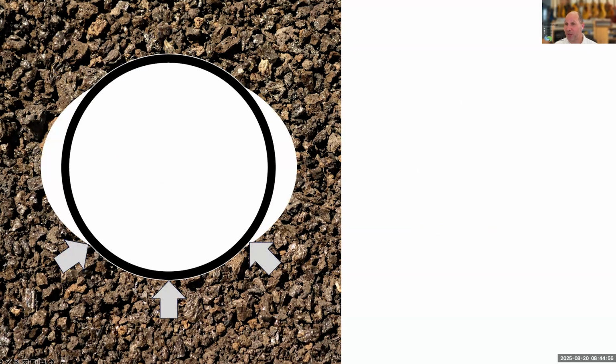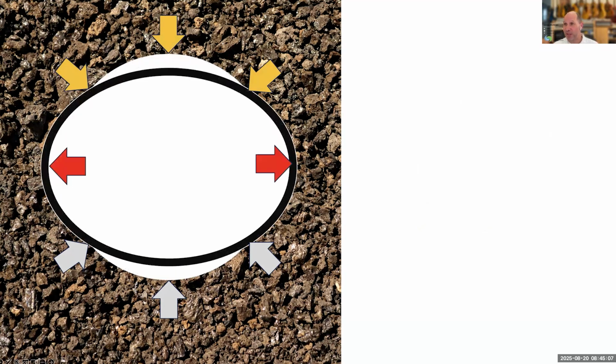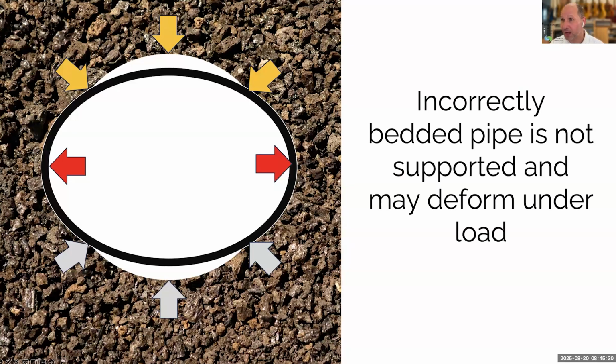If, for example, we were sloppy and we didn't compact around the sides and there were voids there, when you got those surface forces, the pipe's going to move into the open space, or to where that soil isn't compacted, and it might deform under load, which is potentially going to result in the pipe breaking, but at a bare minimum is going to change the dynamics for the fluid that's moving through it, and make backups and things like that more likely. So, if you don't bed correctly, it's more likely to deform under load, and that is not what we want.